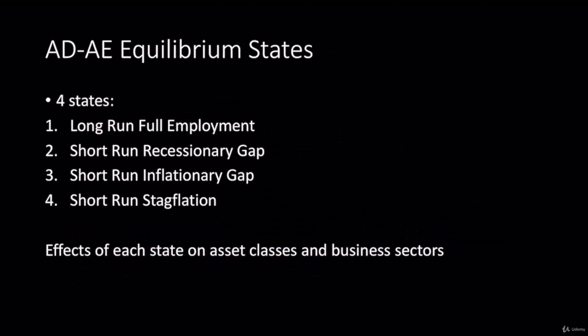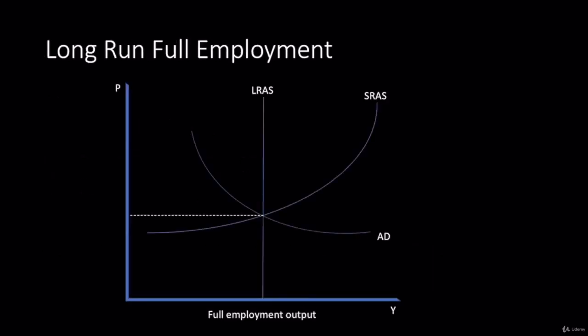Now there are 4 states according to the aggregate demand and aggregate supply curves. The first state is the long run full employment level. In the long run, the economy should be where the aggregate demand intersects the long run aggregate supply. This is just a theoretical idea.